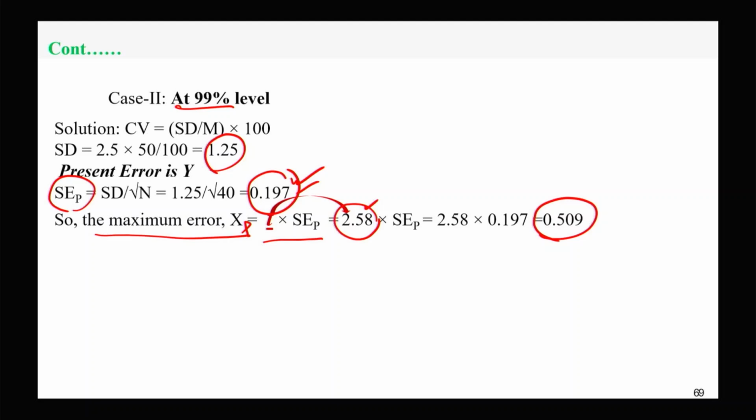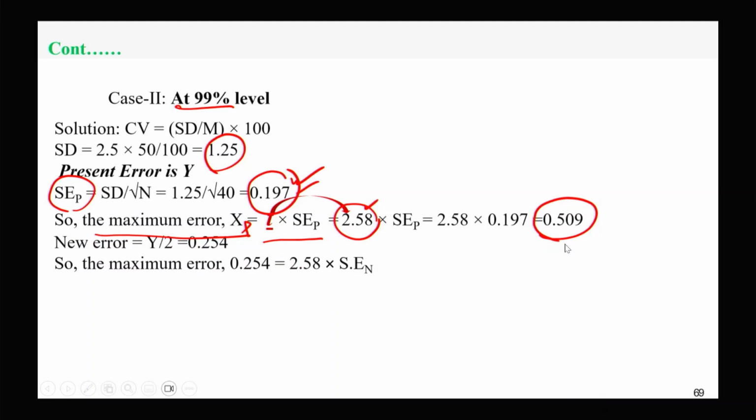Now the new error, which is half of that, is 0.254. From there we can calculate the new standard error of mean.